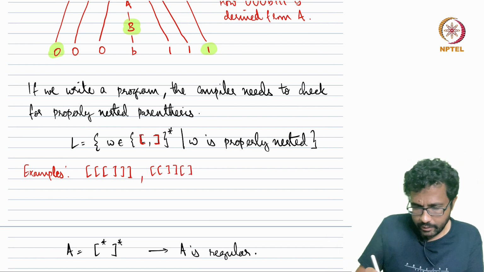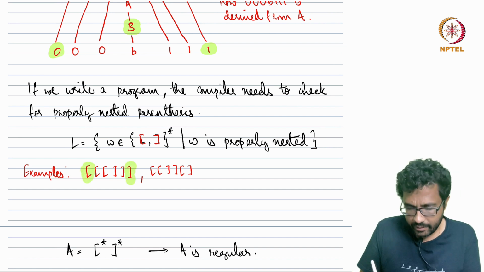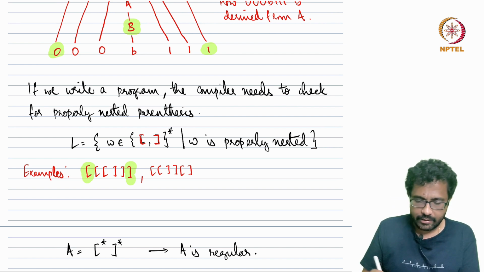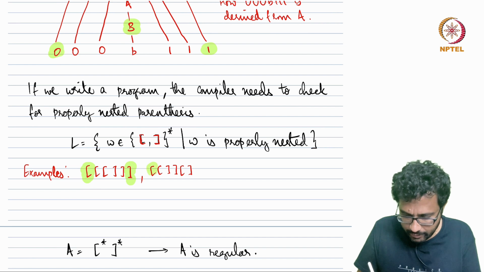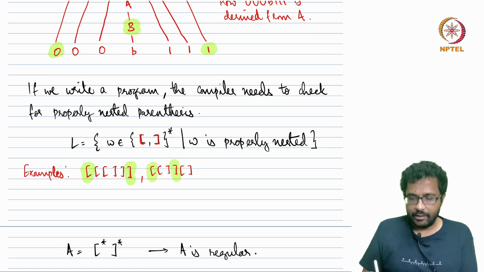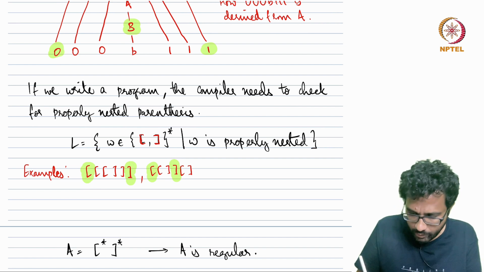In the first case, the starting bracket is matched here, and then further there are two nested parentheses, one inside the other. In the second case, the starting bracket closes here, within that there is one nested bracket, and then outside that there is another nested bracket.